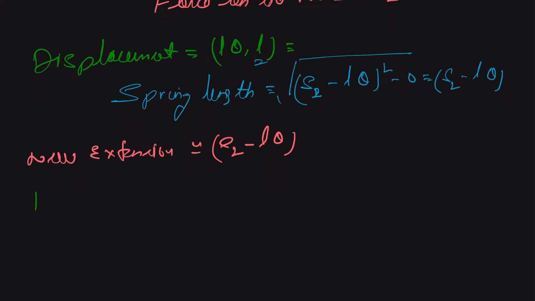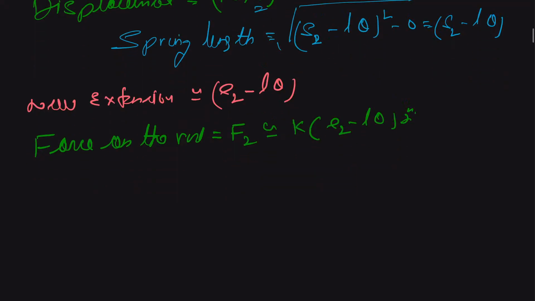So the force on the rod, that is suppose our F2, is approximately equal to k E2 minus L theta times x unit vector.